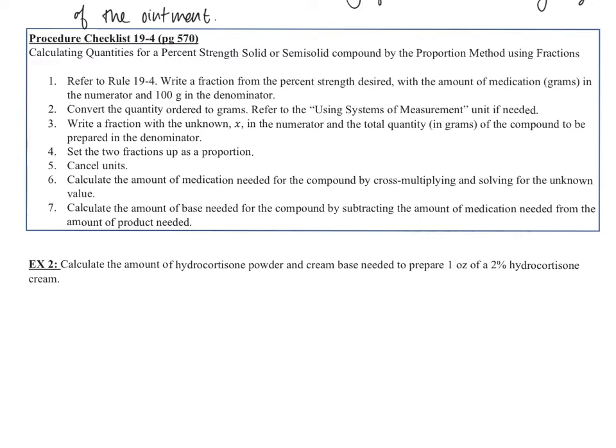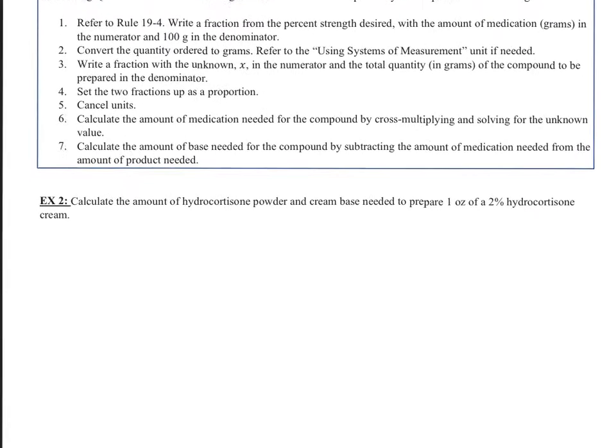For step 4, we'll set the two fractions up as a proportion and solve as usual. For step 7, calculate the amount of base needed for the compound by subtracting the amount of medication needed from the amount of product needed.